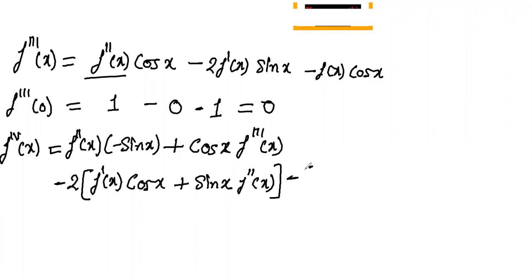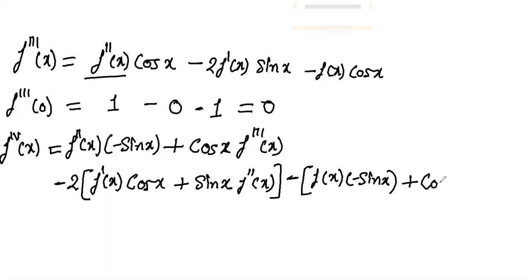Minus common. First function is f x, then differentiation of cos x is minus sin x, plus cos x, then this is f dash. Now put x equal to 0.